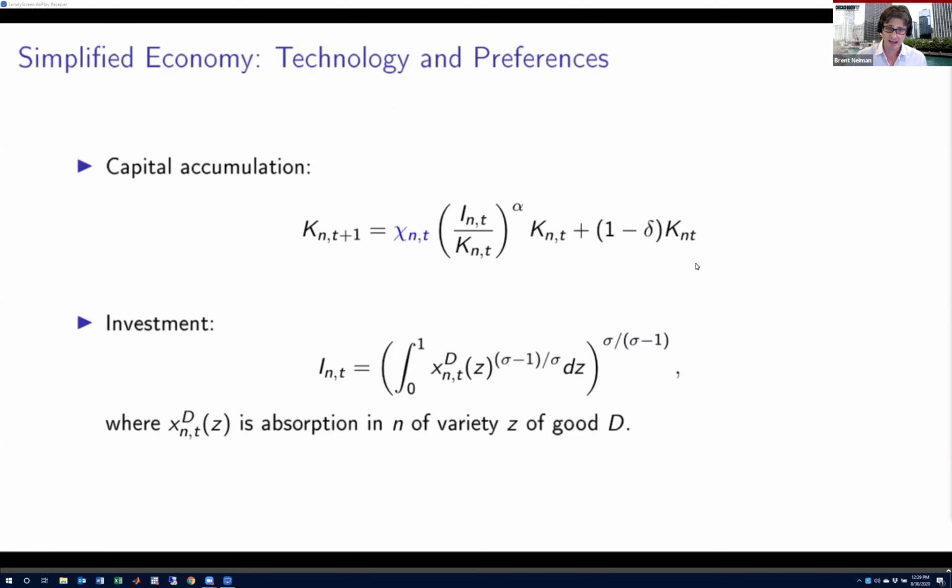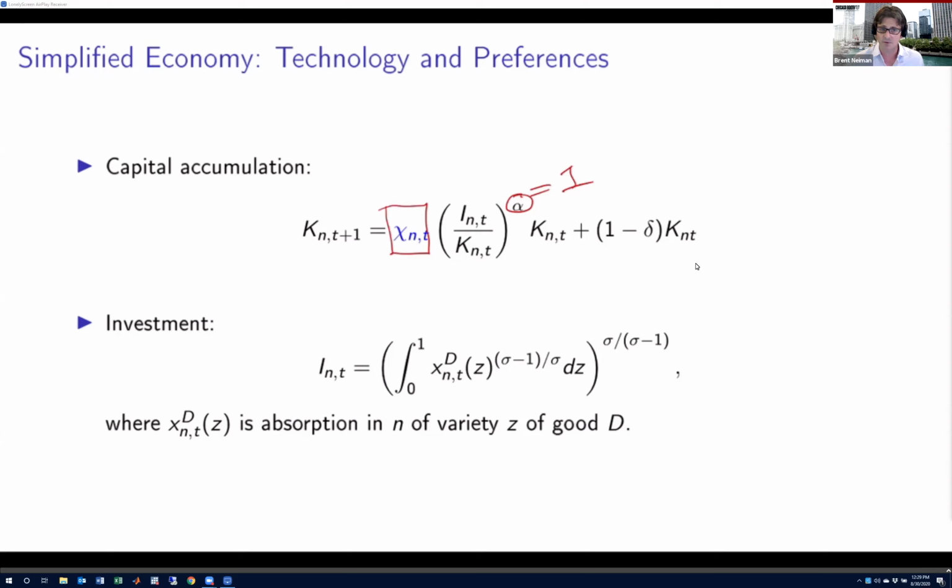Capital will accumulate in this model. So just to make things simple, imagine setting alpha equal to 1. That would be the case of no adjustment costs. And then it would be simple to see that capital is just equal to chi times I. That's chi times this period's investment plus the undepreciated capital stock from the previous period. But this chi, of course, is our fourth structural disturbance.